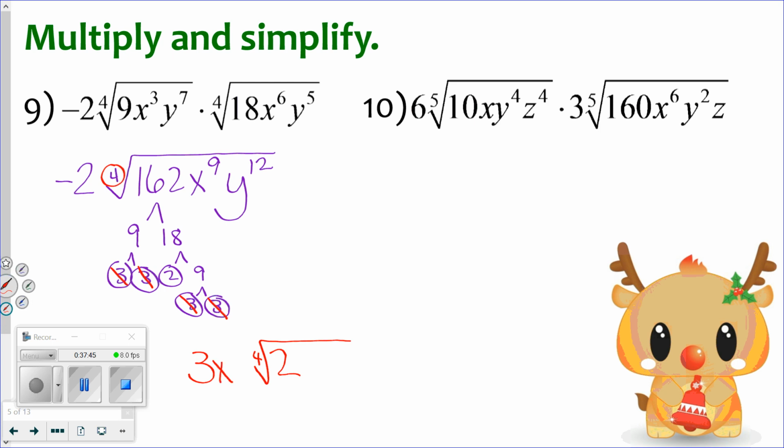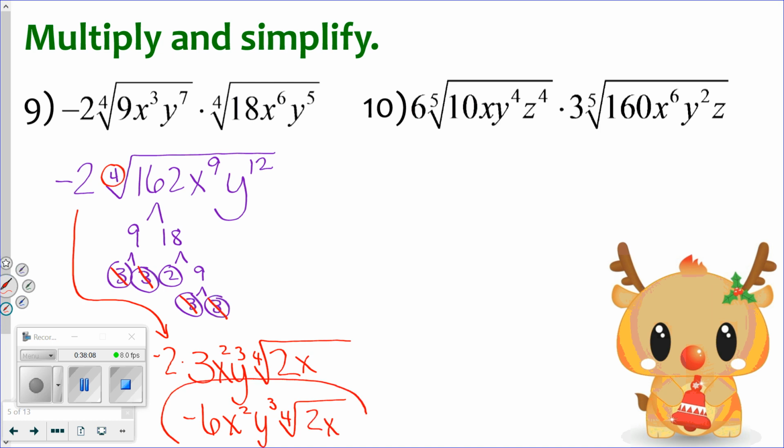I can get 2 groups, and how many would be left? 1. Groups of 4 from the y's. And leftovers? None. Don't forget there is a number out in front, like I forgot last time. So it's going to make that negative 6. X squared y cubed times the 4th root of 2x.